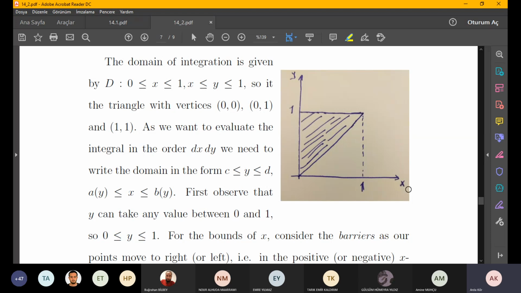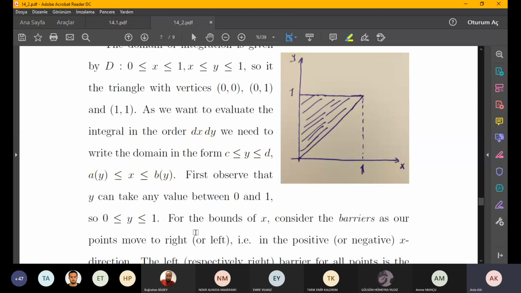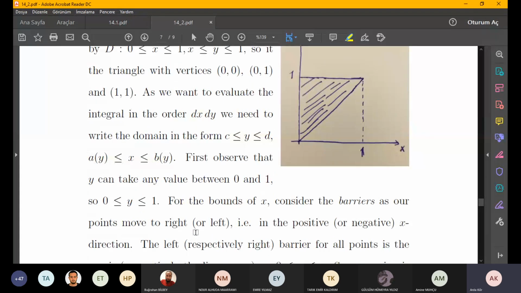And if we want to evaluate the integration in order dx dy, we need to write the domain in the form like that. So we have to express the integration domain in that form. First we observe that y can take any value between 0 and 1, which is the easy one. So c has to be 0 and d has to be 1.